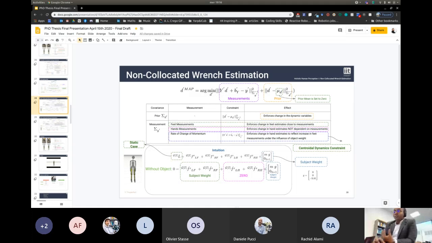But if we make the covariance on the rate of change of momentum high, we push the estimates of the hands close to the object weight. So this is an intuitive tuning rather than any pre-designed tuning at the moment, and we get qualitative results. For the tuning, we take a predefined weight, let's say 5 kg or 10 kg at the hand, and then tune the covariances so that the estimates reflect the weights we are lifting.